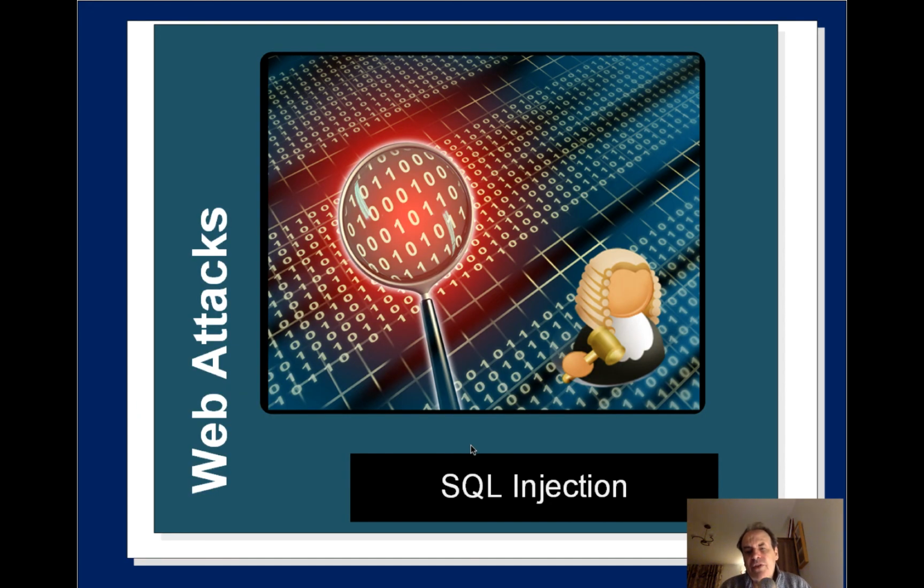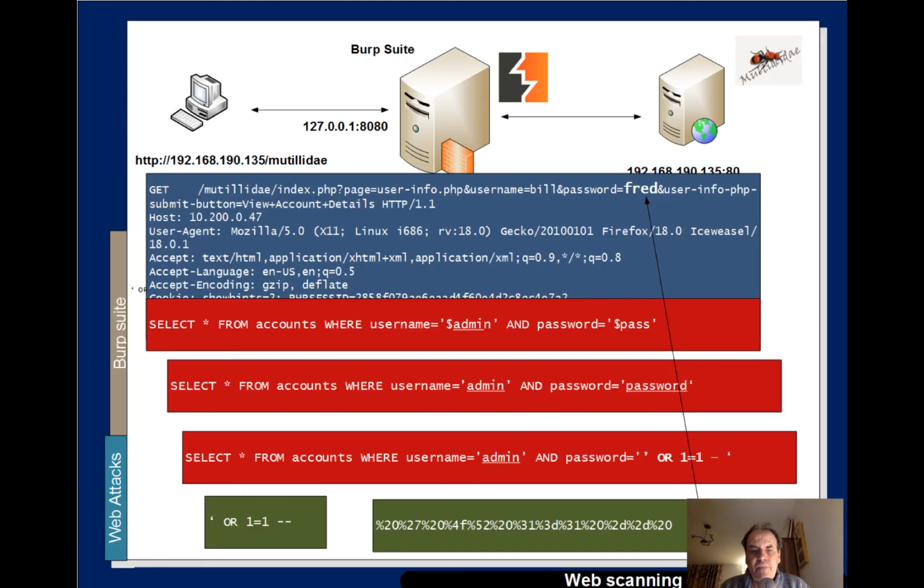SQL injection is still one of the top threats, and this is where an SQL command goes straight through the code and arrives at the database. Here's an example where we're accessing a page with a database on it, and we're logging in.